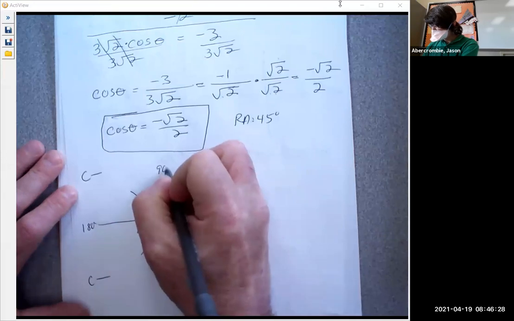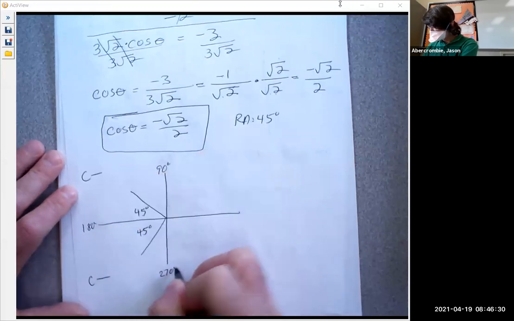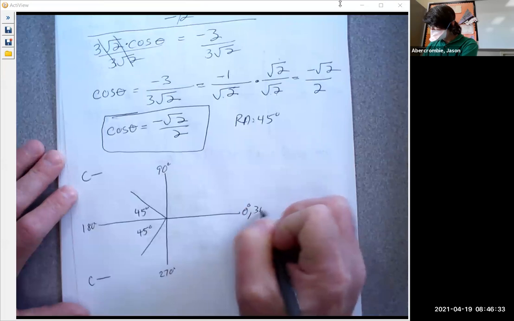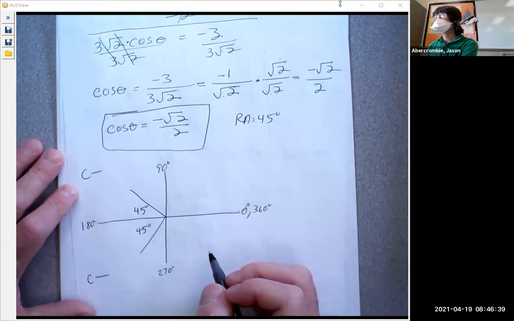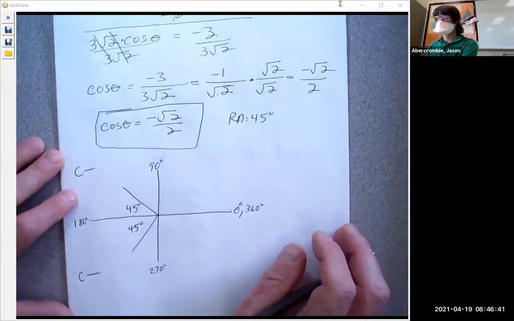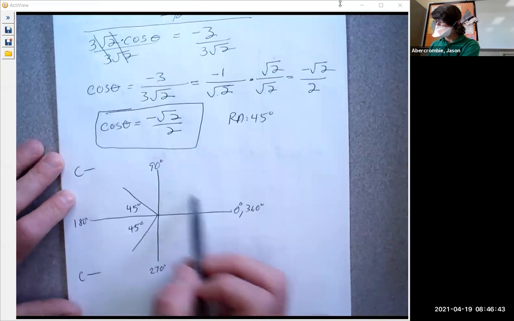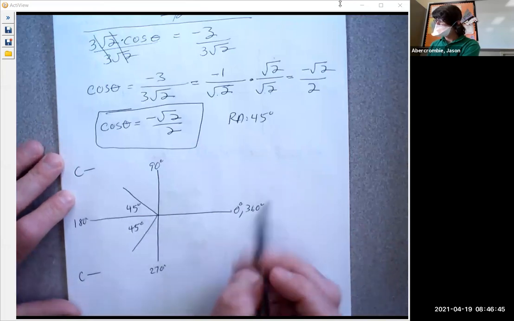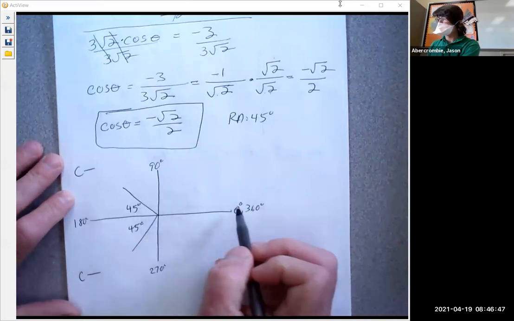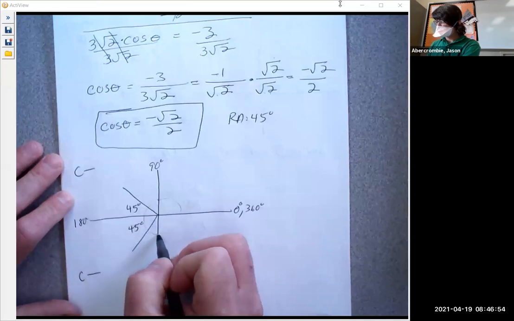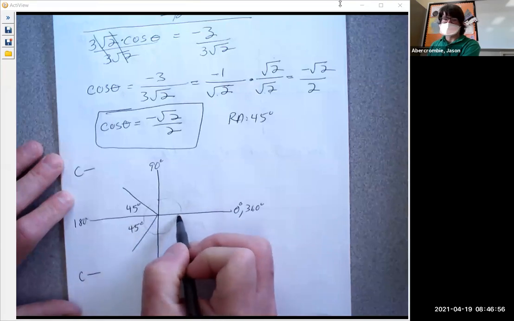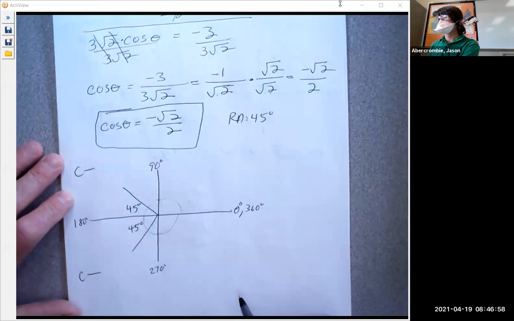This is 90, 270, 0, or 360. Why the angles are like this? Okay. So one full lap is 360. So you start at 0. Then you go 90. That's a quarter. 180 is a half. 270 is 3/4, and then 360 is all the way around. You good with that?